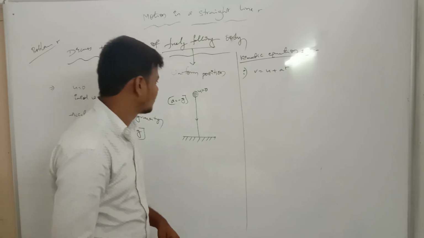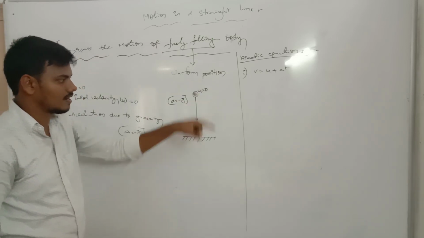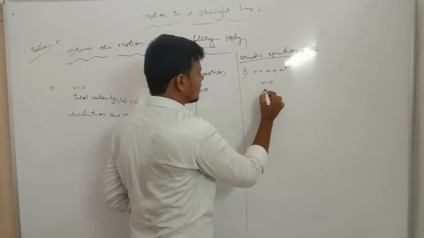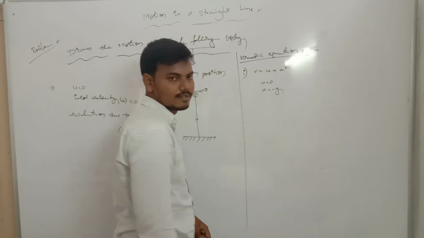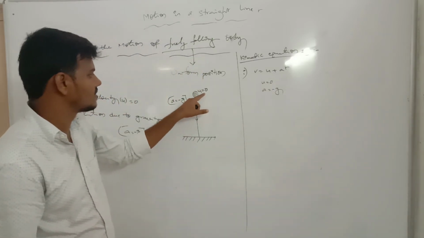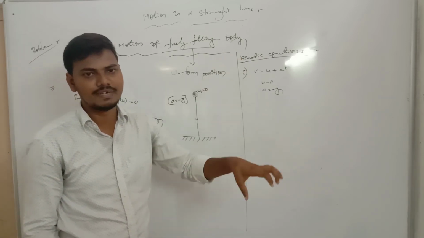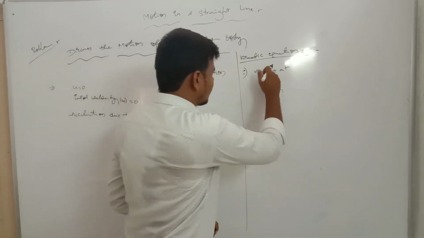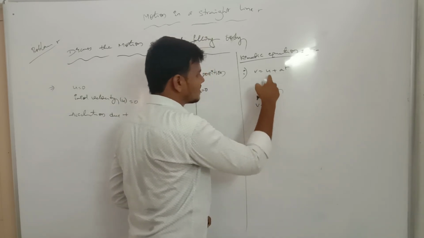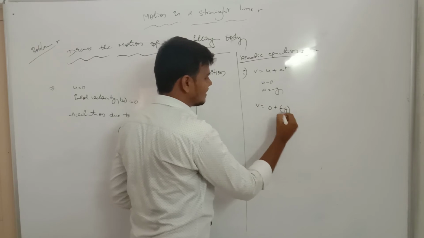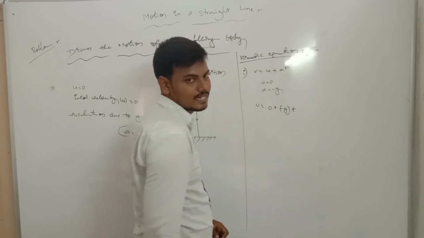Now in our scenario, u is equal to 0 and a is equal to minus g. Substituting in v is equal to u plus at, u means 0 and a means minus g, with time period t as the variable.